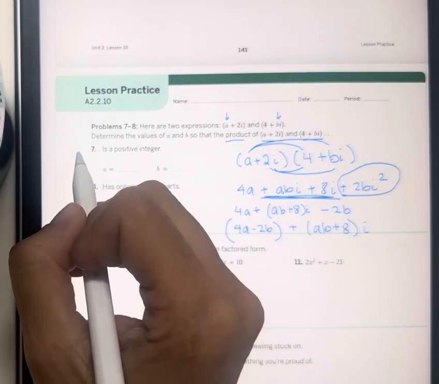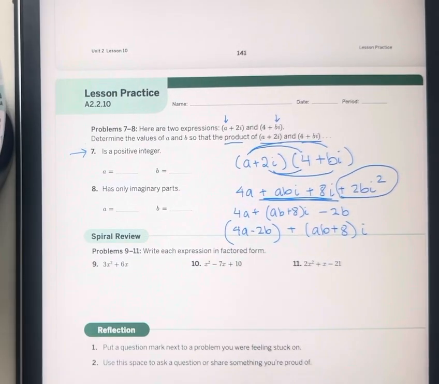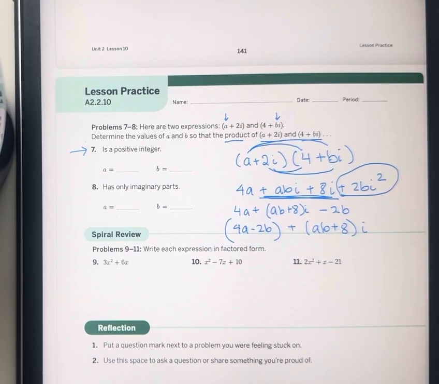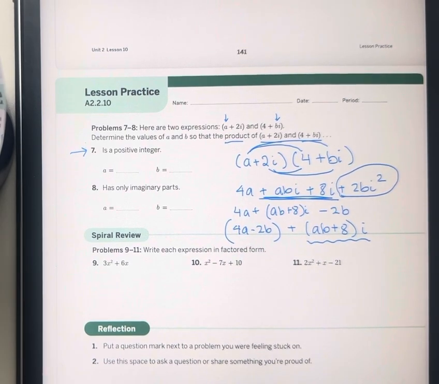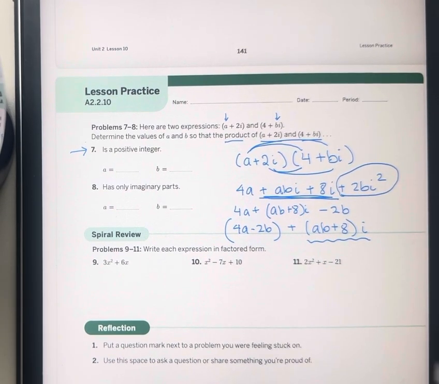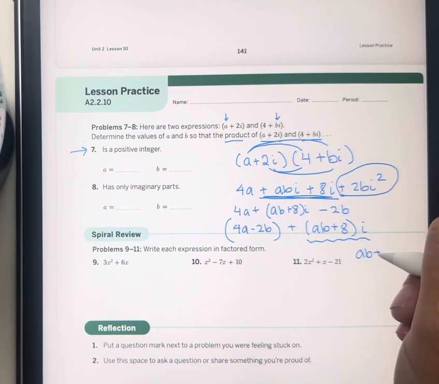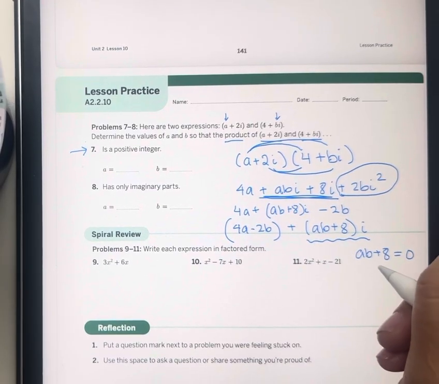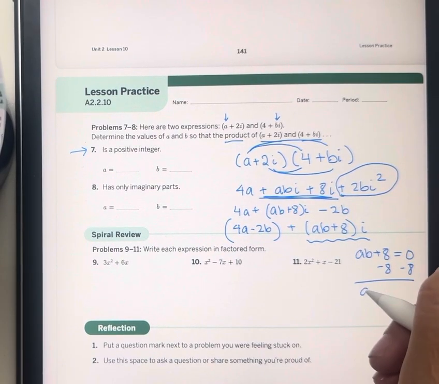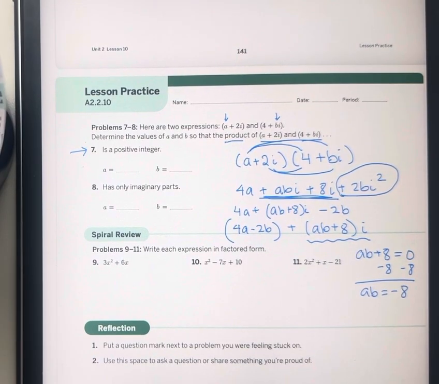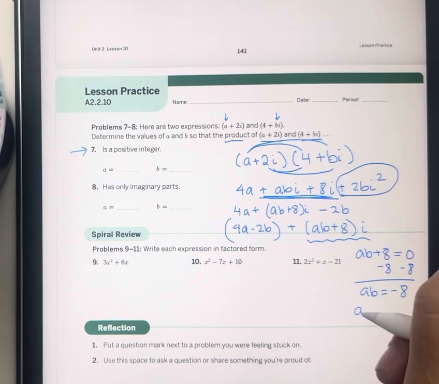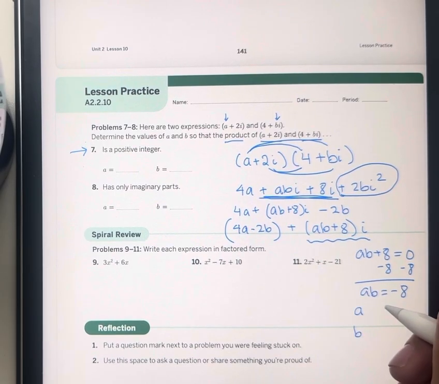So if I want this product to be a positive integer, that means I want this imaginary part to go away. I want ab plus 8 to be 0. Subtract the 8, subtract the 8. I want ab to be negative 8. So a and b, they can be like 2 and negative 4.